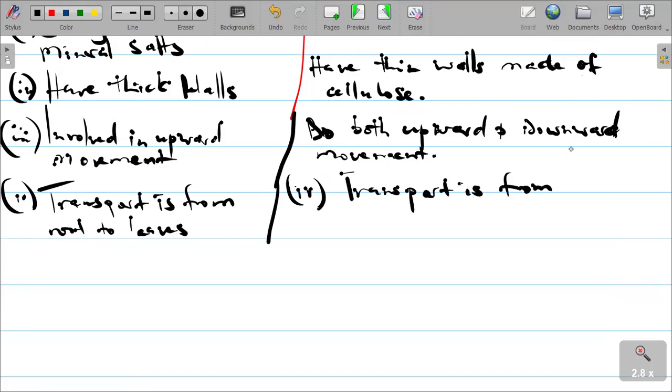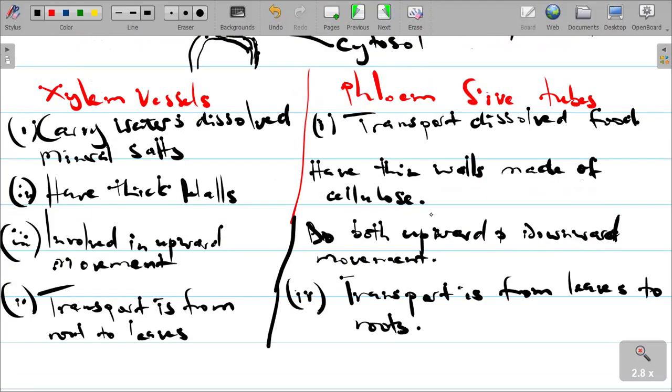When plant food is made in the leaves, it is then shared through to the roots. So transport is from leaves to the roots, but water is from roots to the leaves, because water uptake is happening underground, which is promoted by the roots.